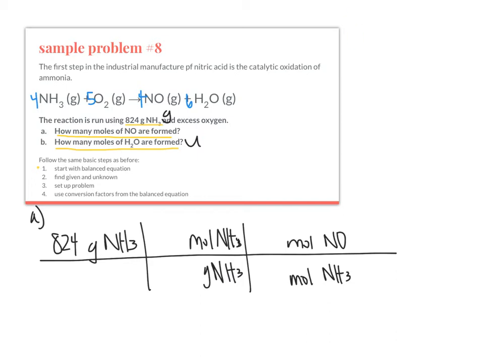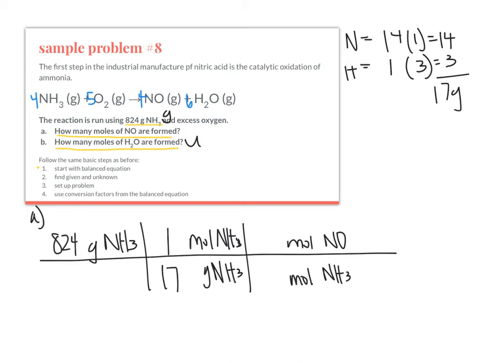So N equals 14, and we only have 1 of those. And then hydrogen, again, is 1, and we have 3 of those. So we get 17 grams of NH3 equals 1 mole.